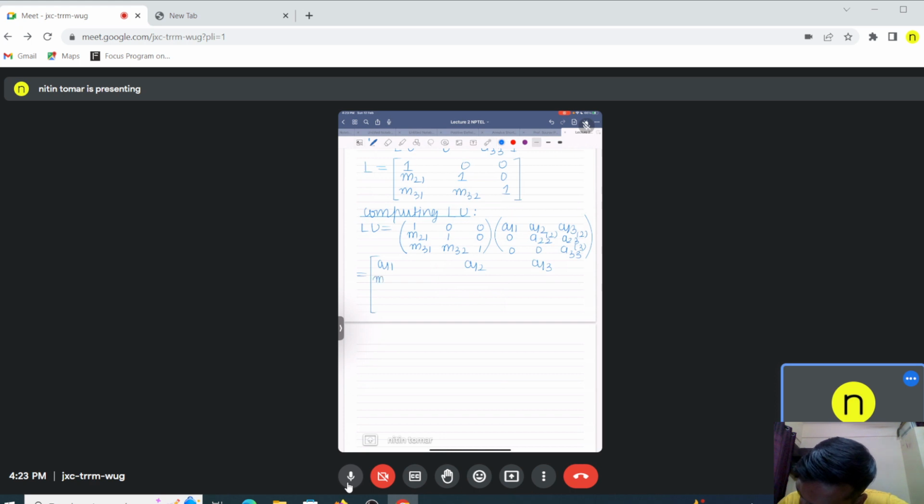Then you'll have M21 A11. This is correct, right? Then you will have M21 A12 plus A22, and here you will have M21 A13 plus A23.